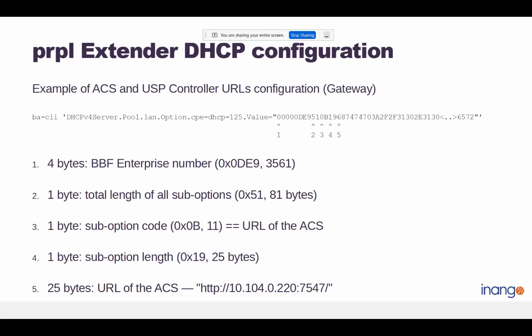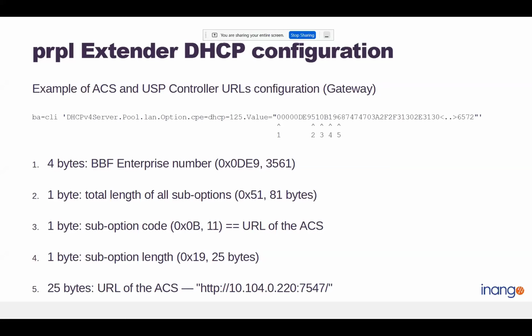This value, as we can see here, is a long hexadecimal string. Its content is described in TR69 and USB specification, and how it's encoded is described in DHCP RFC. Unfortunately, TR181 data model does not provide a convenient way to set such options.